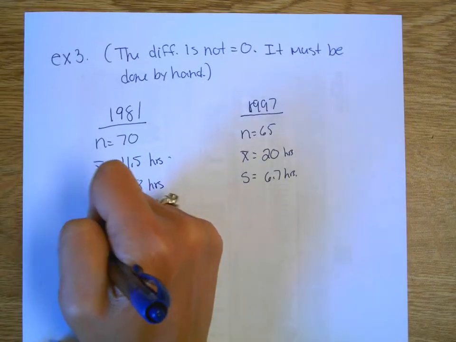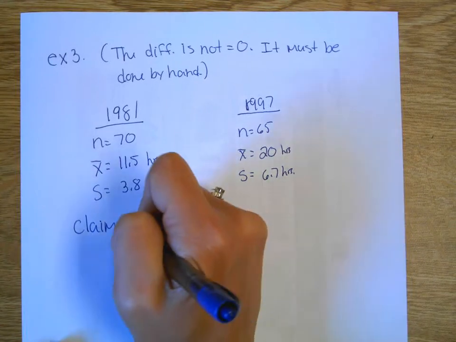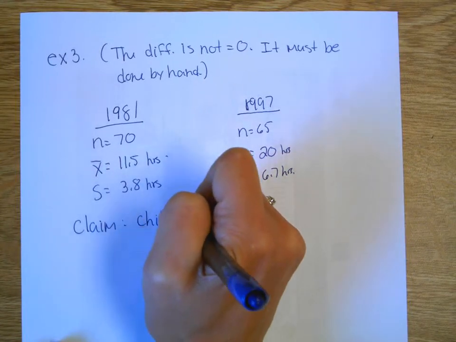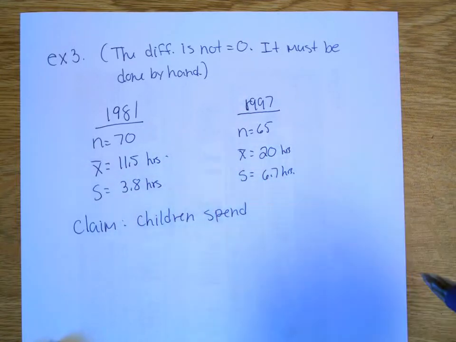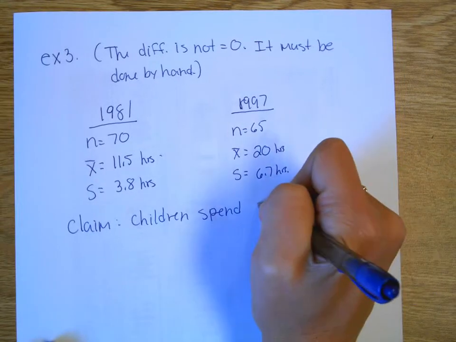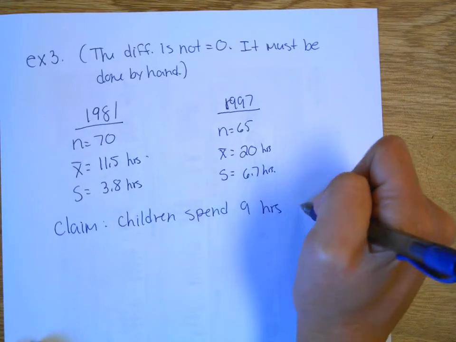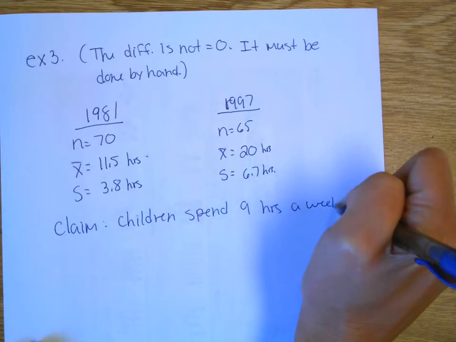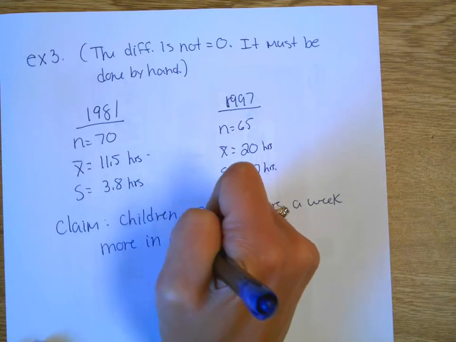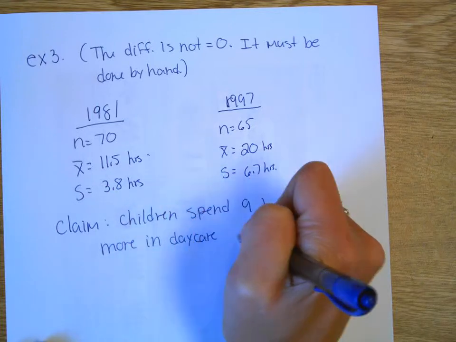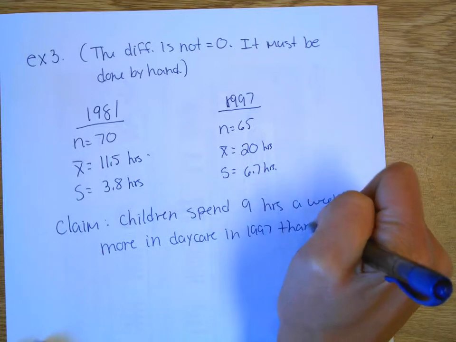Okay, the claim being made is that children spend 9 hours a week more in daycare in 1997 than in 1981.